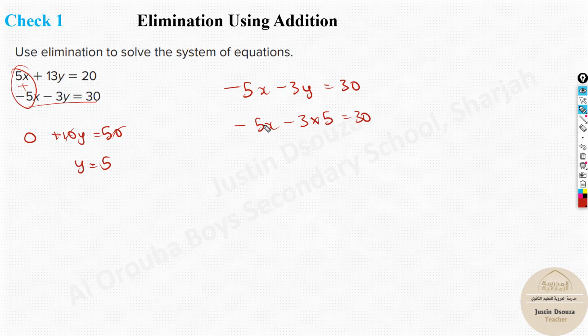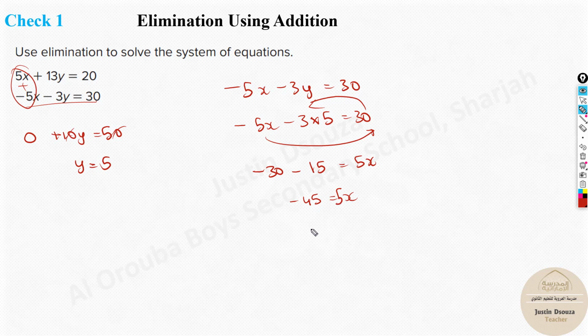Now here I need to find x, so this is negative. I'll take this to the other side and bring this to the other side. So it'll be negative 30 minus 3 times 5 will be minus 15 equals 5x. This is positive now. And over here, if you solve it, it'll become minus 45 is equal to 5x.